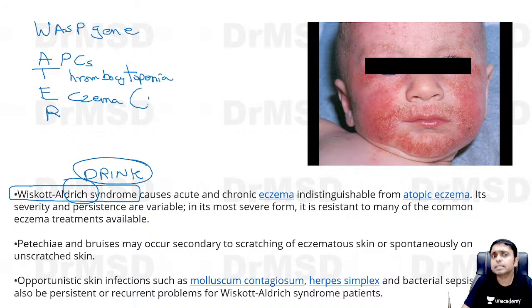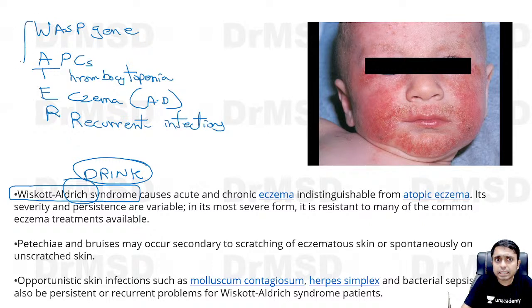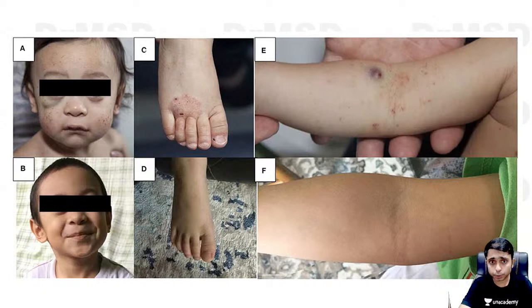Here in this case it is atopic dermatitis, and R stands for recurrent infections. So this is the water. Drink water is a small trick with the help of which you can remember all these features.